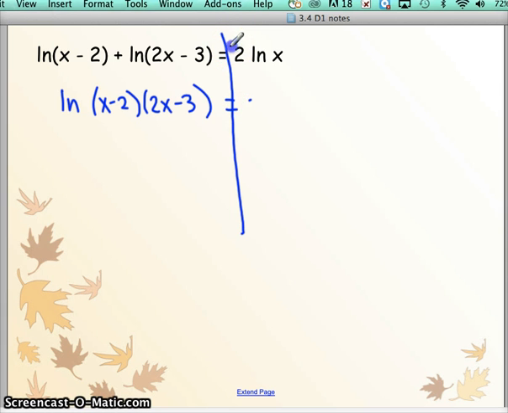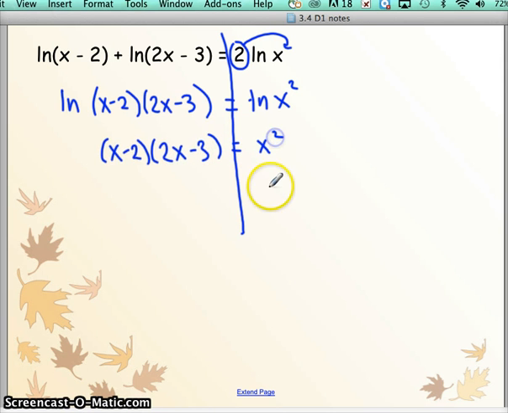And I can bring this up as an exponent, so I can write this side as natural log of x squared. Now I have log written on both sides of the equal sign, so we can drop those and just set x minus 2 times 2x minus 3 equal to x squared.